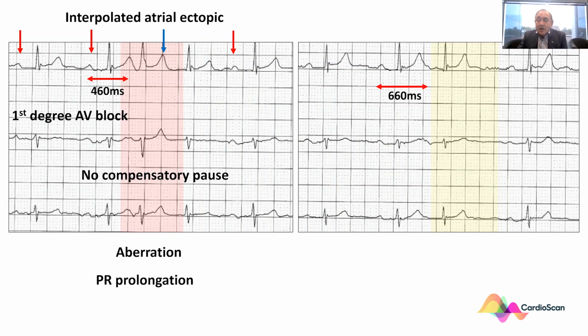Whereas to the right, where it is a normal compensatory pause, the atrial ectopic is later. And therefore, when the P wave occurs, it occurs within the QRS and therefore is totally refractory. No aberration is noted because it is later.